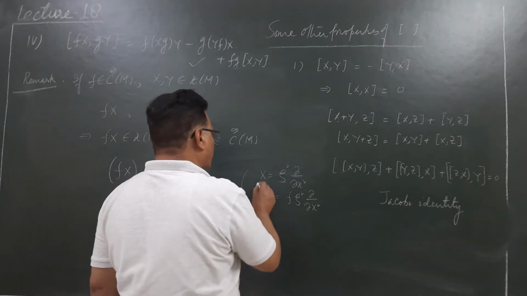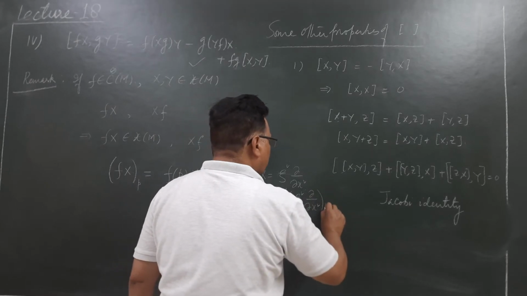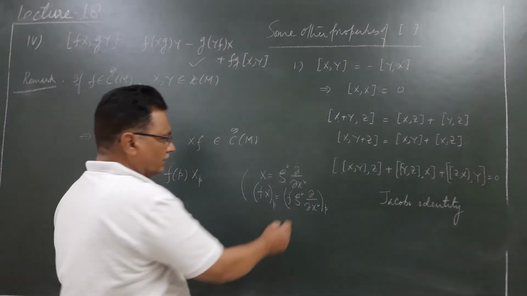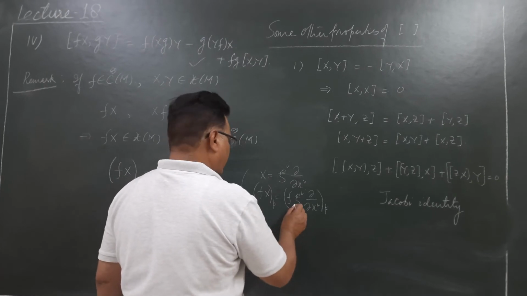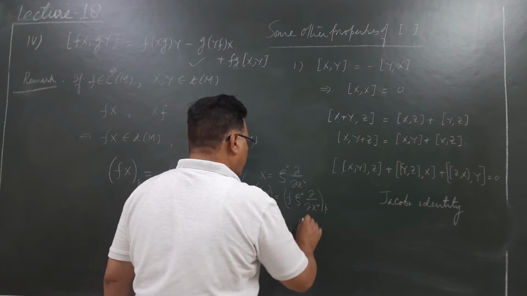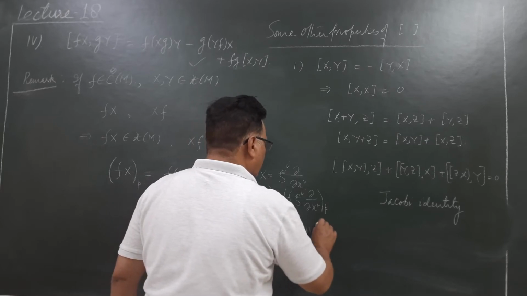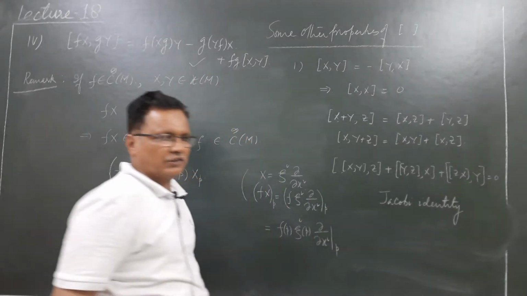Now if you want to know it at a point p, you just see it at a point p. So a function times this means f(p) into ξ^i(p) into ∂/∂x^i at p. This is what it should be.